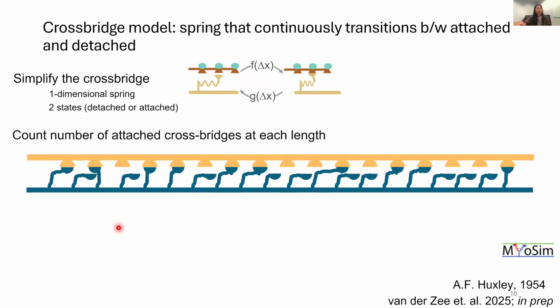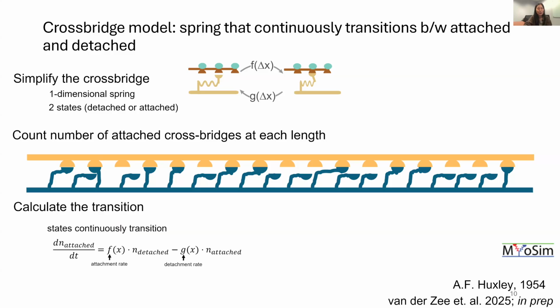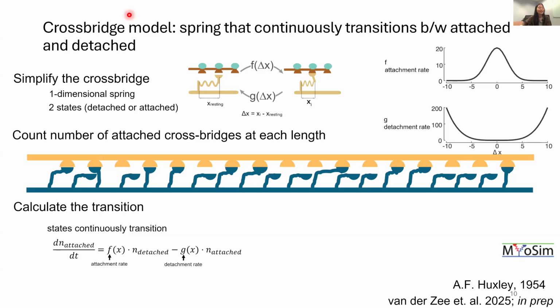When you make a computational model of the muscle, we count the number of attached cross-bridges at each length. Then if we have the current number, we can calculate how we will have a transition next step. And that is not a random transition, but there is a probabilistic model on how cross-bridges will transition into another state.